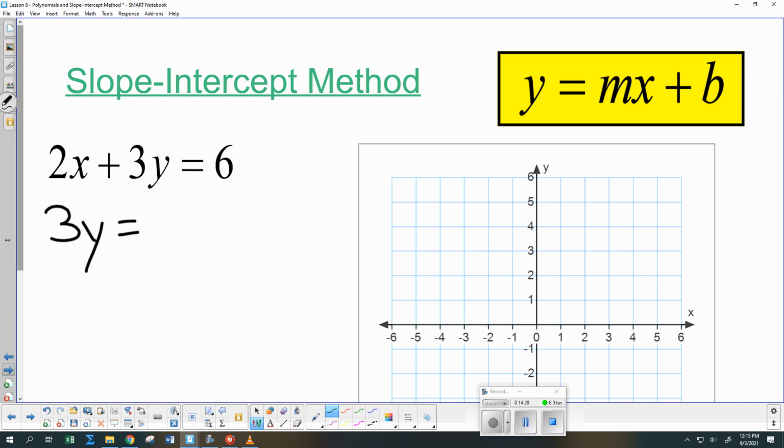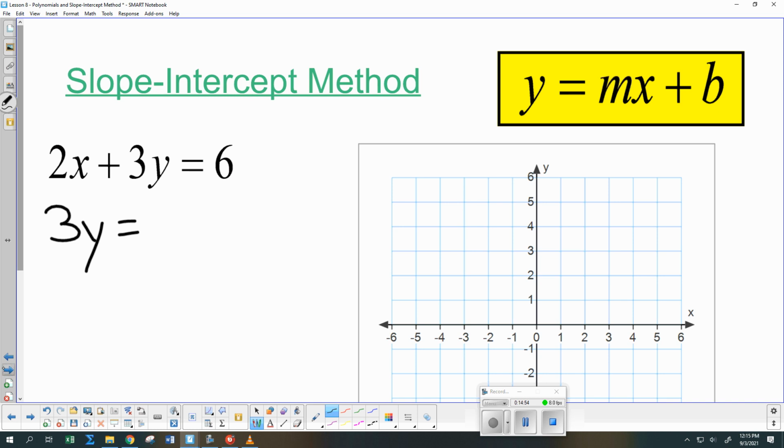Emma? If 2x plus 3y is 6, and I change it so it's just 3y equals, what do I write down on the right-hand side? I can't hear you, louder. No, 3y equals, and then we'll do the y next.